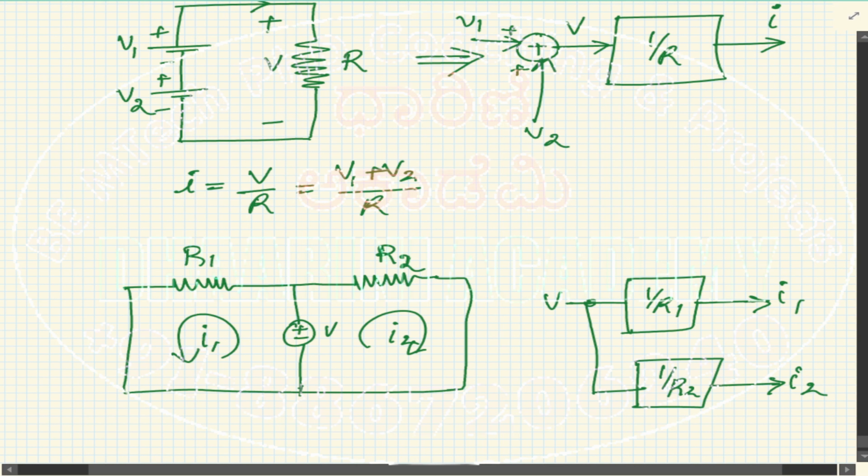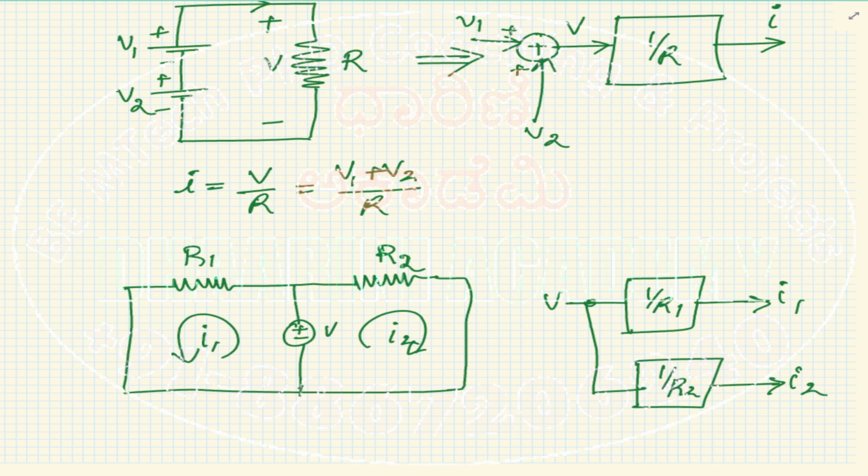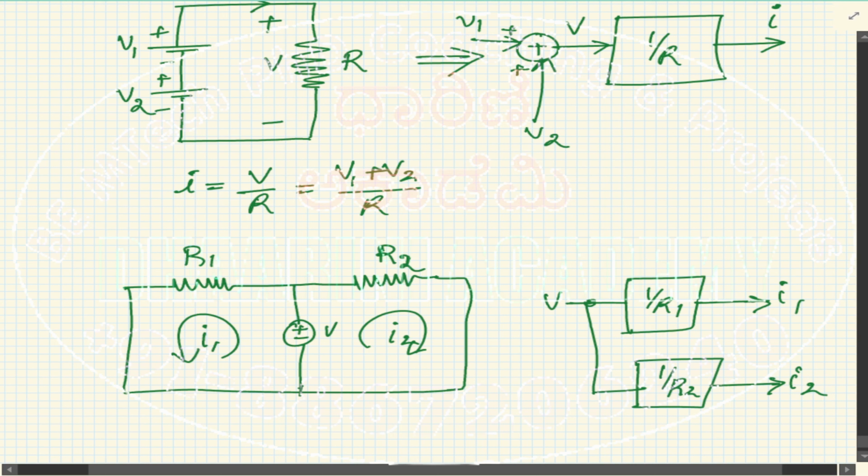So very straightforward, right? Again, we can add many more components to this circuit so that we can write the complex blocks. But anyway, our intention here is just to verify whether you can convert a circuit into the block diagram.